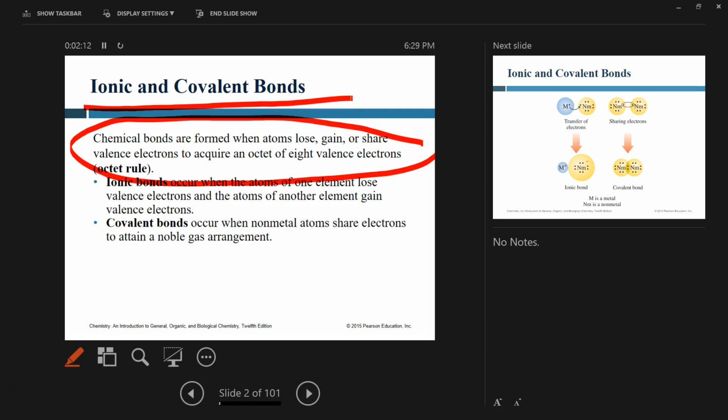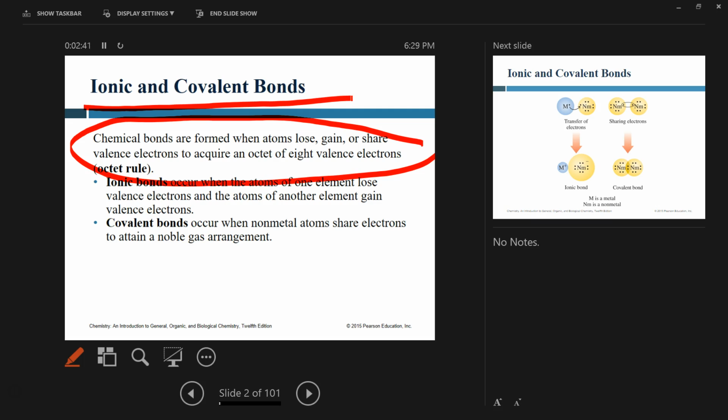Now, before we talk about these bonds, I want to ask you another question. What is the maximum number of electrons on the outer electron shell? 8. Forget about helium. We know helium is 2. Nobody cares about helium because the only one with fewer electrons than helium is hydrogen, and we're going to mention it sometimes. But for our intents and purposes, 8. We good?